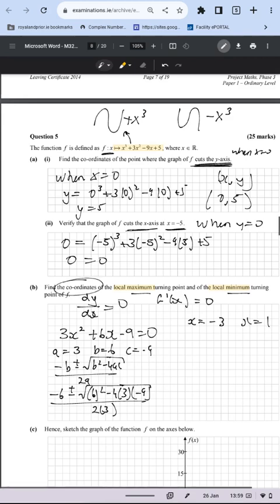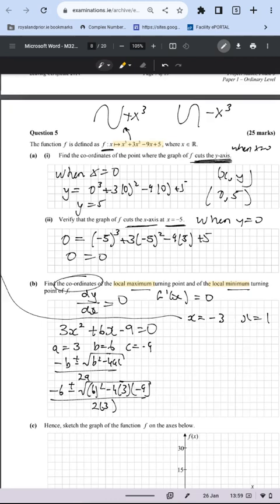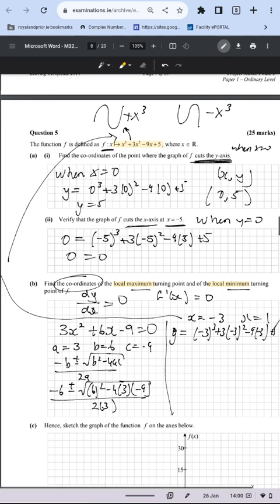Technically it says coordinates. Coordinates are made up of an x and a y. To work out your y then, you sub in each value back into the function up here. So, I'm not going to have much room here. Y is equal to minus 3 cubed, and when you do that, you get an answer of 32.